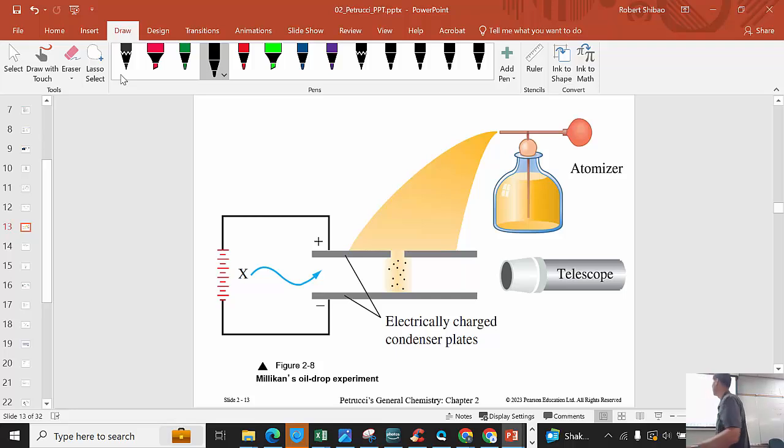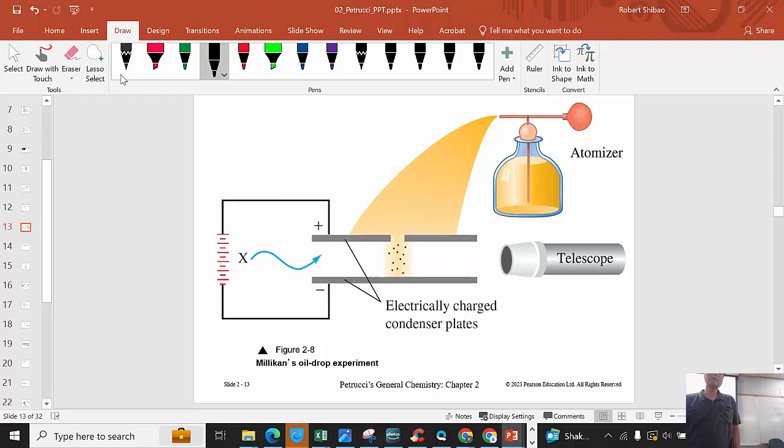And Millikan got the fundamental charge on electrons. He figured out the number of electrons that get stuck here are going to be in integer multiples. The smallest integer was going to be 1 electron, and that 1 electron has a charge of minus 1.6 times 10 to the minus 19 coulombs. If you have 2 electrons, it'd be double, 3 electrons would be triple that charge, etc. So Millikan got the charge on an electron.